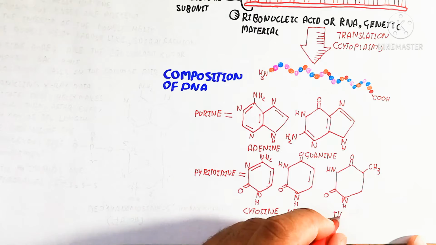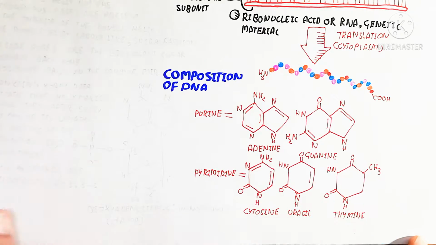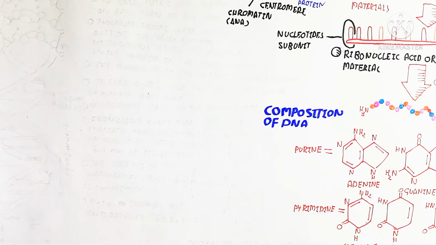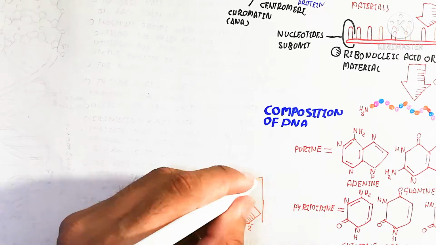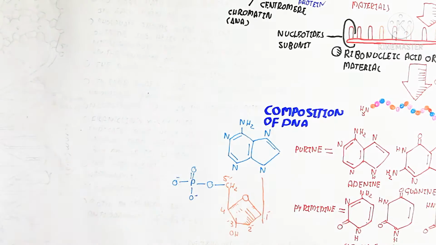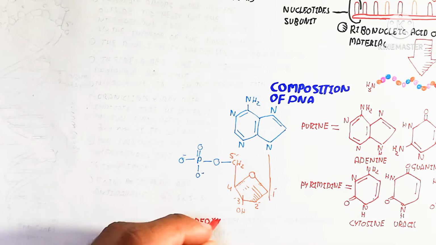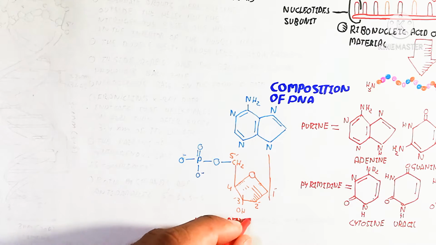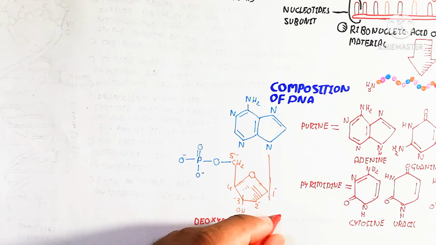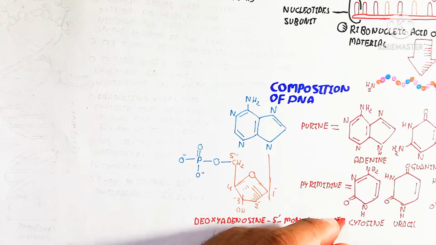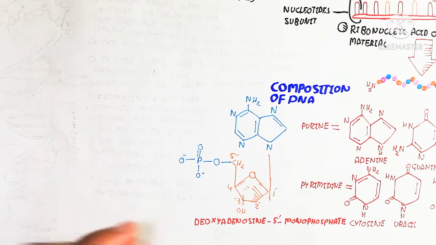The single ring contains cytosine or thymine, while the RNA contains uracil also. So four nitrogenous bases are present in the DNA, while uracil is basically present in the RNA instead of thymine.